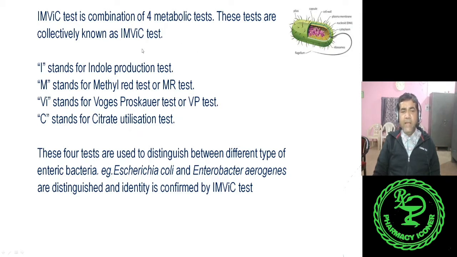Now these 4 tests are used to distinguish between different types of enteric bacteria, that is, bacteria which live in our intestine, like Escherichia coli, Enterobacter aerogenes. If you have isolated some microorganism and you are confused whether it is E. coli or Enterobacter aerogenes, then you can distinguish them by this IMVIC test.